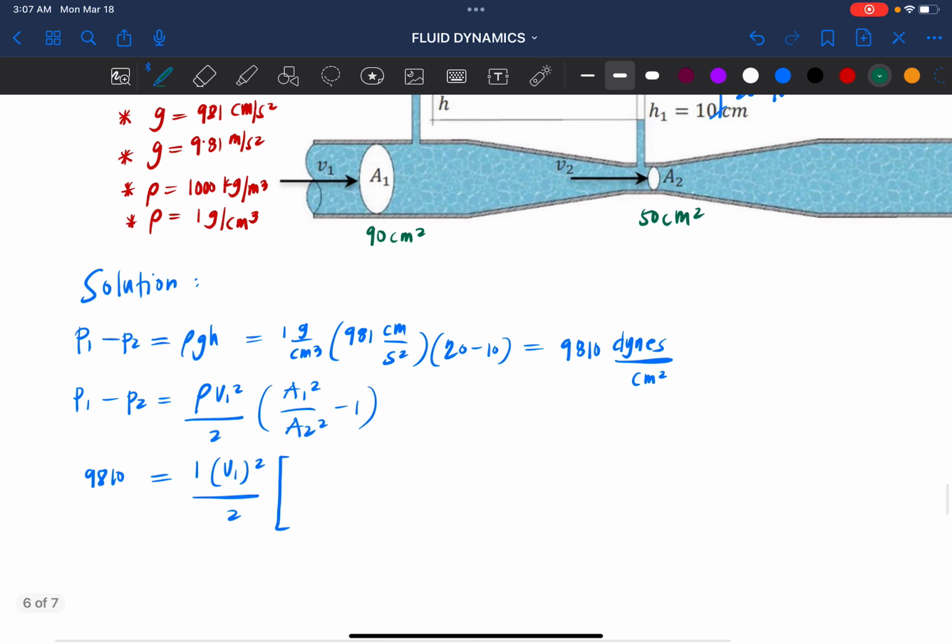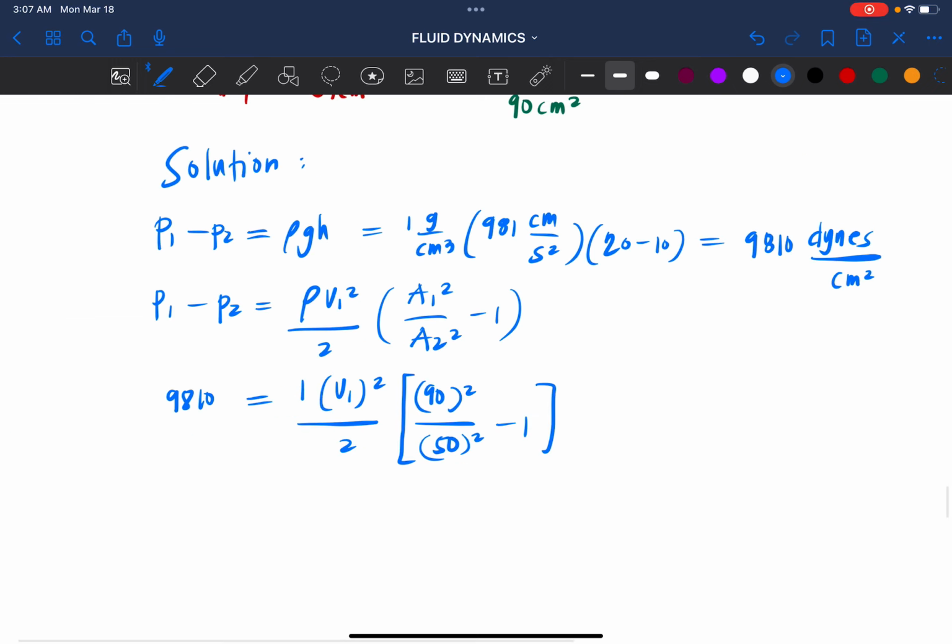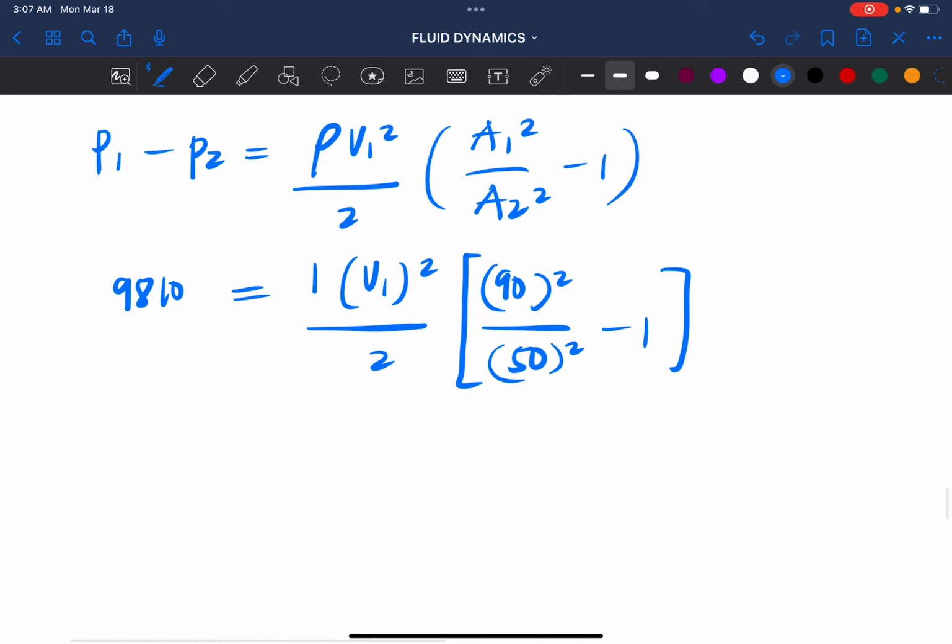So, ayan, correct. So, this is 90 cm squared. Ito huwag nyo na ilagay. Squared over 50 squared minus 1. So, pwede nyo class i-shift solve dyan, pero ako, ang gagawin ko dyan, ililipat ko tong 2 na to sa kabila.